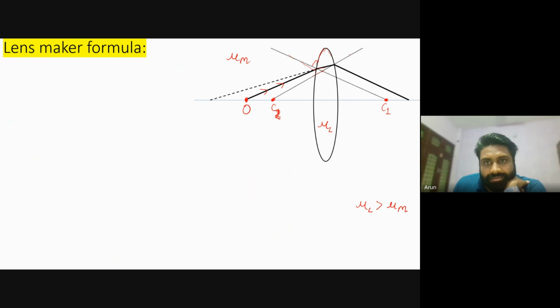So this ray bends towards the normal. I hope it is clear to you. Got it?